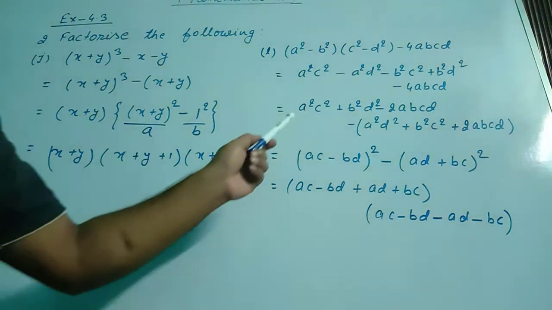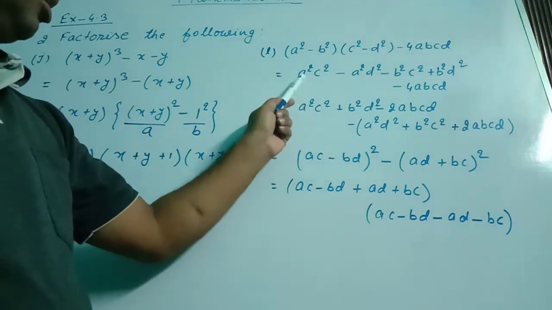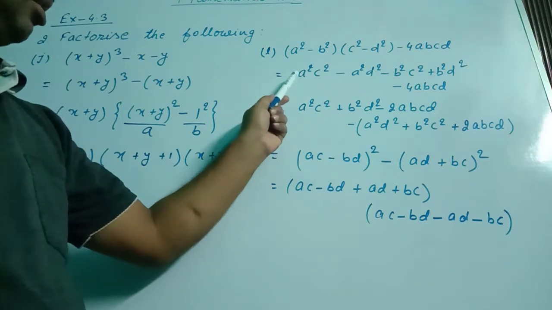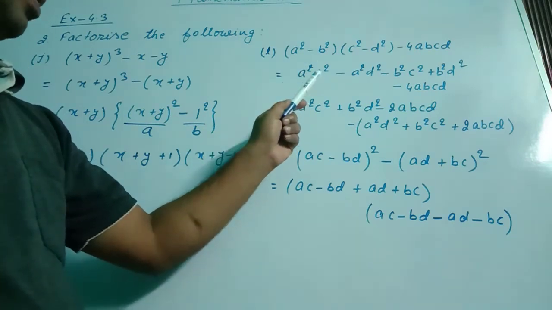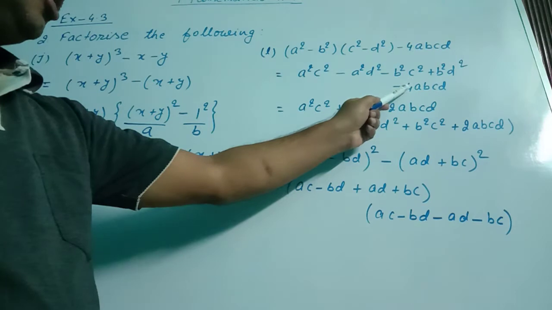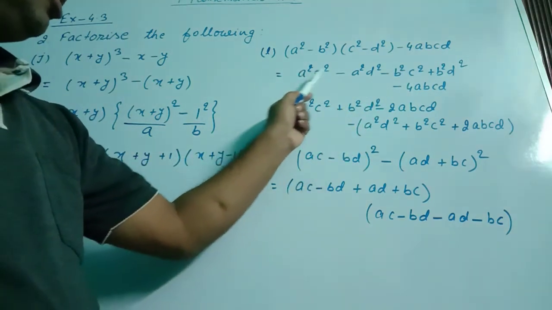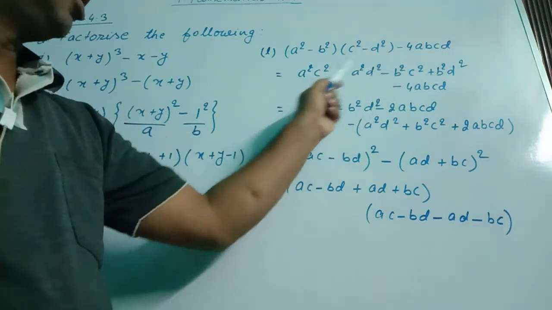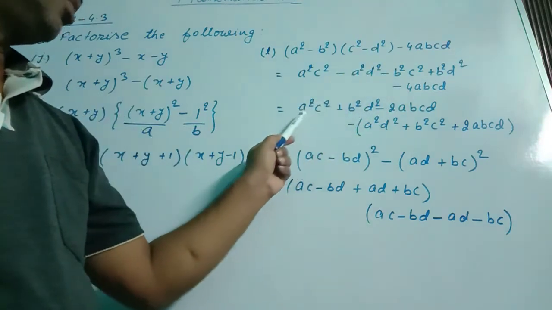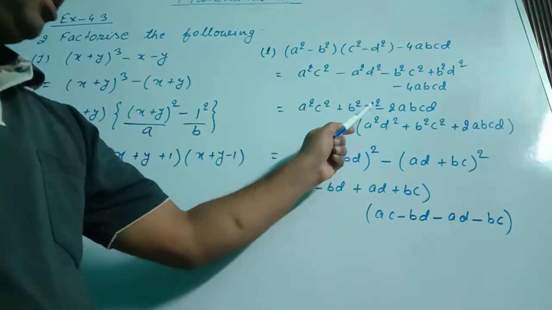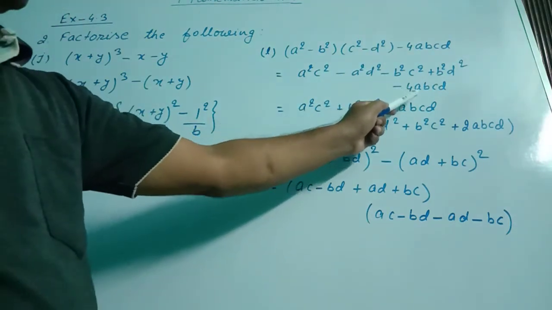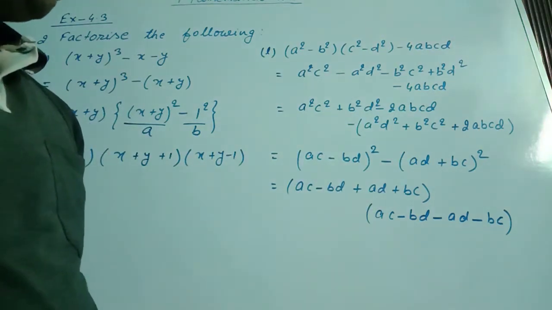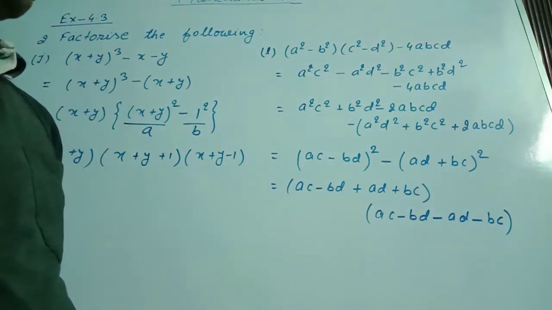Then I made the groups and split this term. I wrote these two terms, a²c² + b²d², together, and this is split as −2abcd −2abcd.